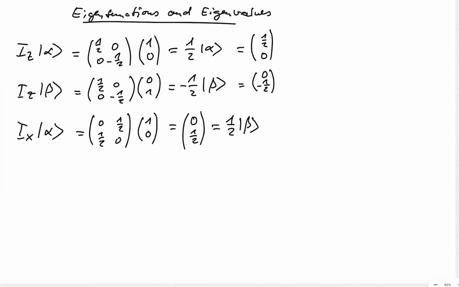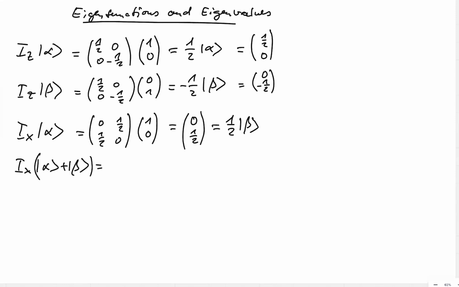And then we see directly that Ix does not have a valid eigenvalue for the alpha state, as the alpha state turns into the beta state when we calculate it. And so we need to look for something else that is an eigenstate for Ix, and we can simply test Ix applied to a state that we call alpha plus beta.